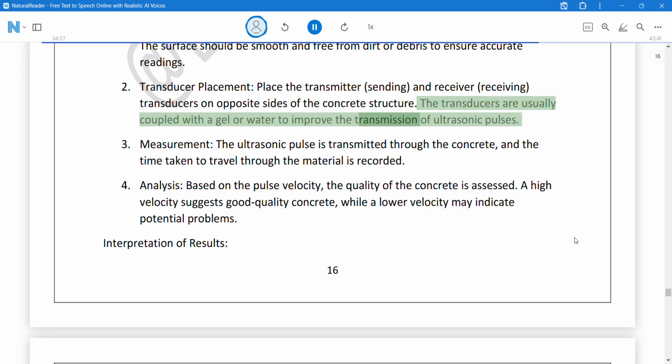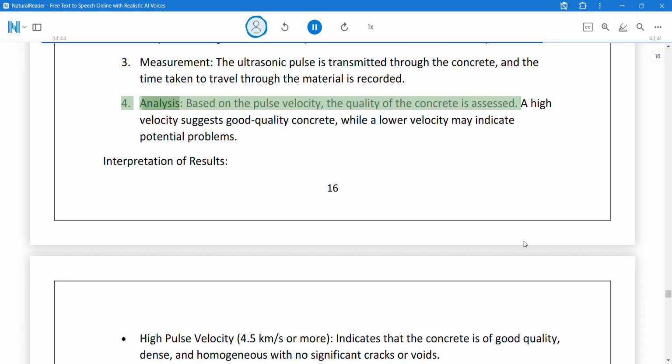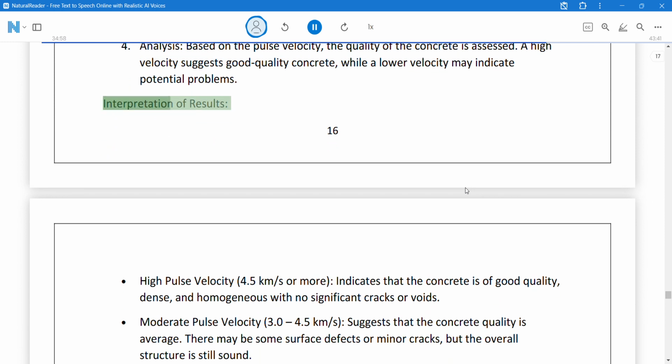The transducers are usually coupled with a gel or water to improve the transmission of ultrasonic pulses. 3. Measurement. The ultrasonic pulse is transmitted through the concrete, and the time taken to travel through the material is recorded. For analysis, based on the pulse velocity, the quality of the concrete is assessed. A high velocity suggests good quality concrete, while a lower velocity may indicate potential problems.